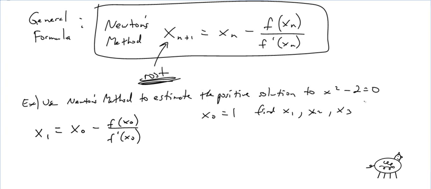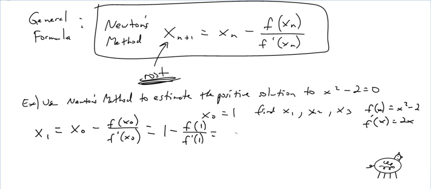It's pretty easy, right? Our function is f of x is equal to x squared minus 2. So f prime of x equals 2x. Okay, so x sub 1 is equal to x sub 0, which is our first term, which was 1, minus f of 1 over f prime of 1.